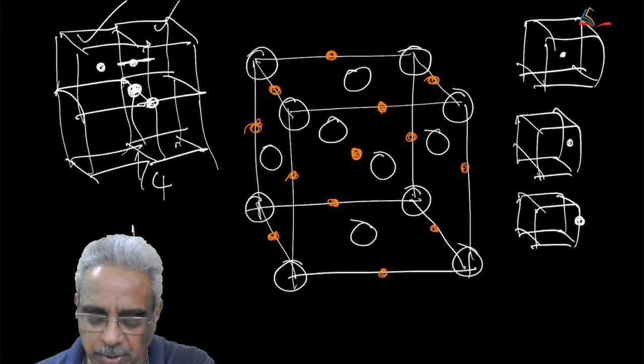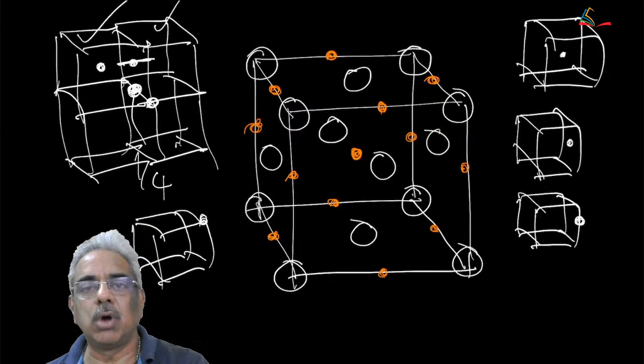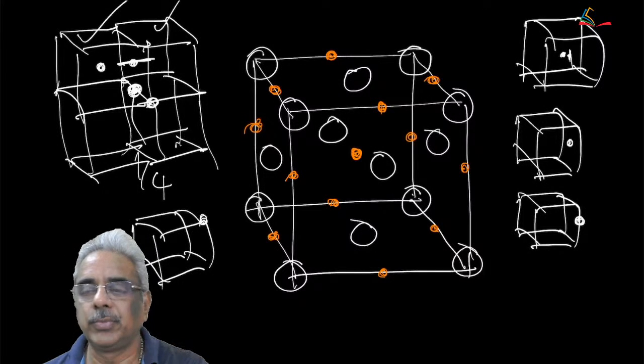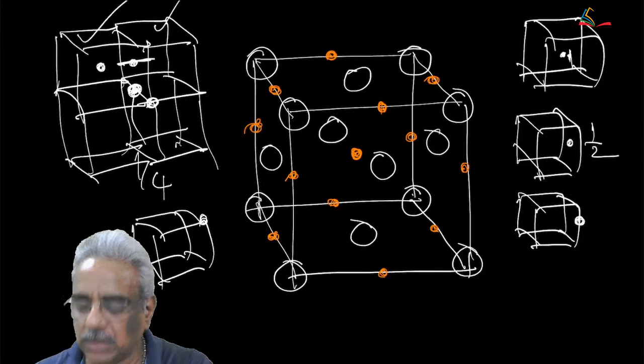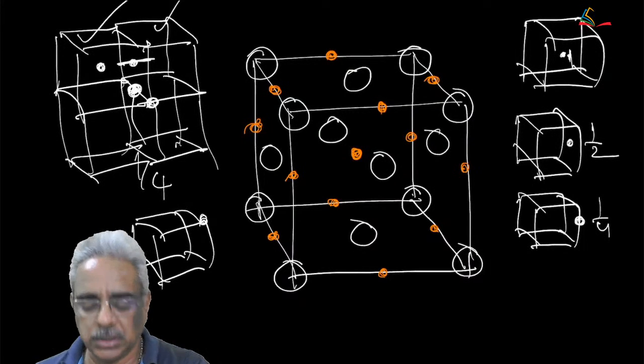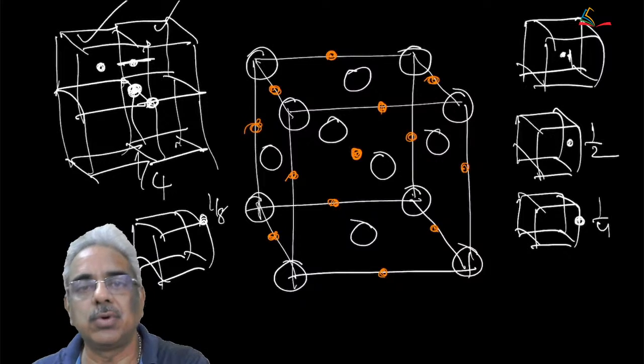If you have a corner ion, you have to count it as 1/8. Let me repeat: 1 for body, half for face ion, 1/4 for edge ion, 1/8 only for corner ion. Like that you have to count.